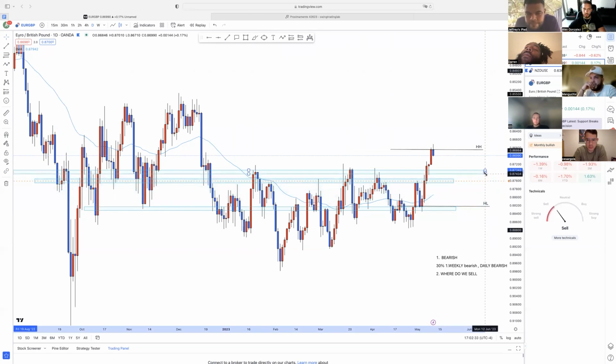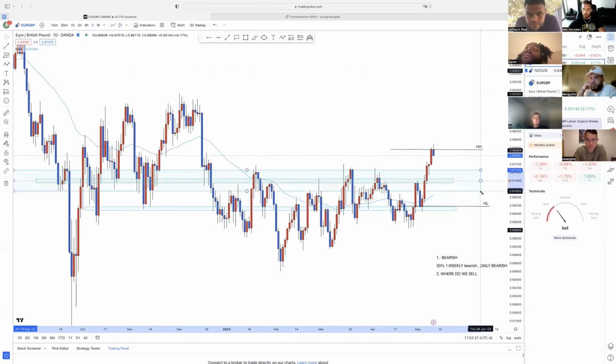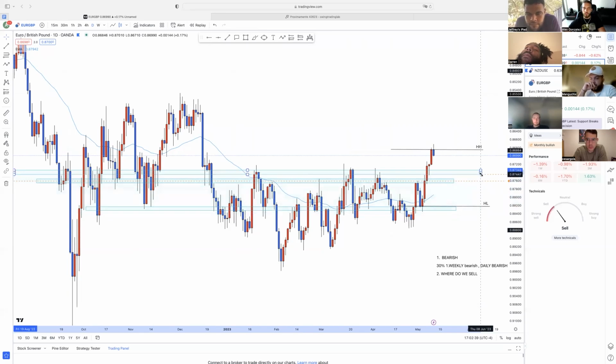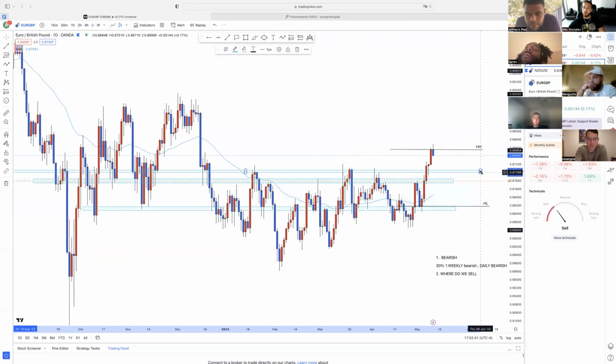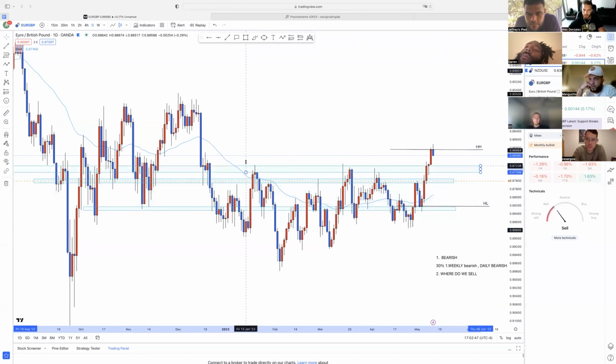So this comes to answer your question of how big is the zone? How big is this box, right? The goal of the zone is you want to get as many bodies as possible. You can't get all of the wicks. The wicks don't do anything for us. We need the bodies, right?